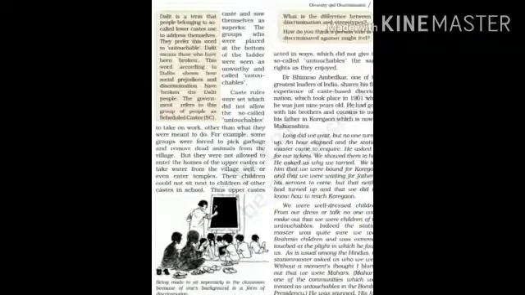Now, Dalit is a term that people belonging to the so-called lower castes use to address themselves. It means broken. This word, according to Dalits, shows how social prejudice and discrimination have broken the Dalit people. The government refers to this group of people as Scheduled Caste, SC. Caste rules were set which did not allow the so-called untouchables to take on work other than what they were meant to do.